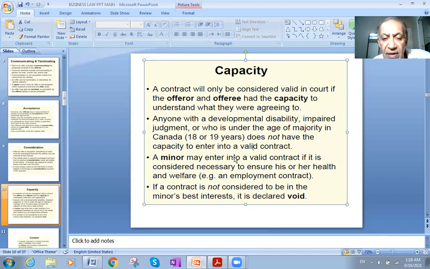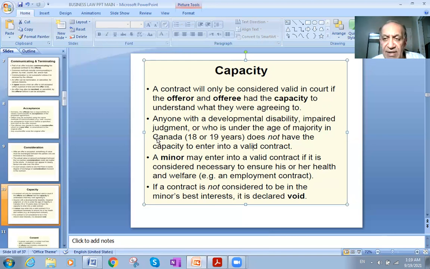Anyone with a developmental disability, impaired judgment, or who is under the age of majority in Canada, 18 or 19 years old, does not have the capacity to enter into a valid contract. This is a very important point.